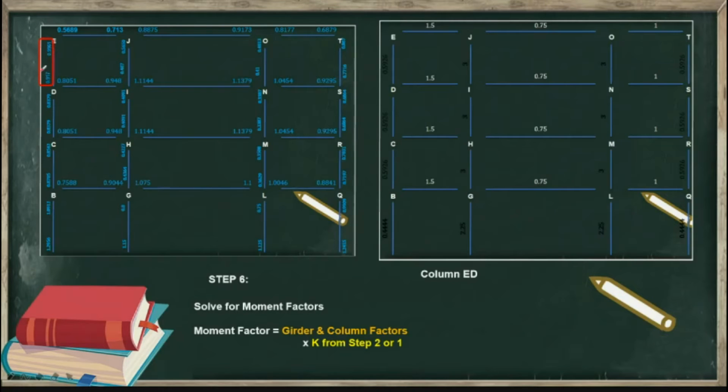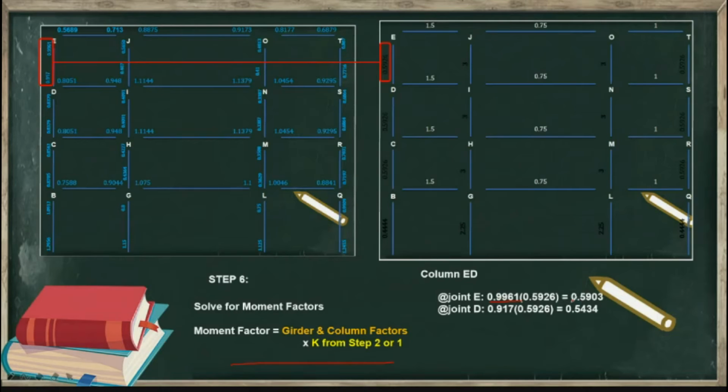So, we have, dito naman yung sa stiffness factor natin. Ang gagawin lang natin dito is ito nga, from the formula itself, i-multiply natin. So, si K, i-multiply natin bawat column factors ng dito sa member natin sa ED. So, sa joint E, yung 0.9961, i-multiply natin kay 0.5926.